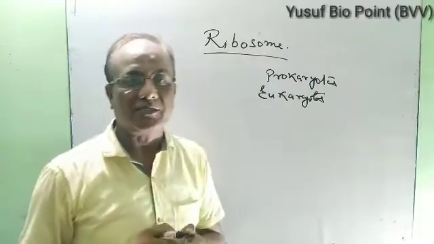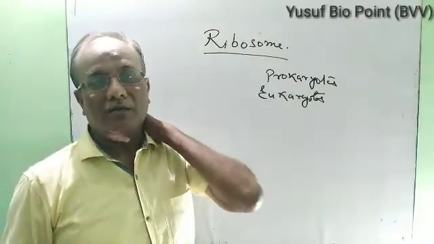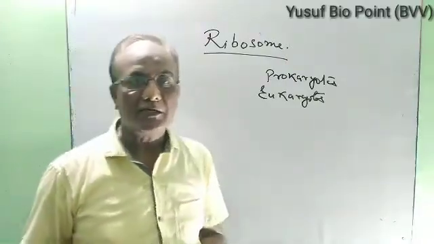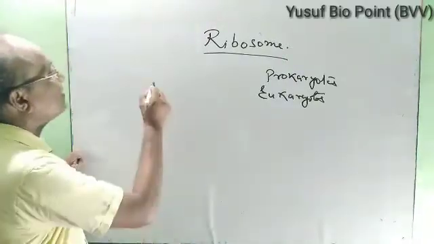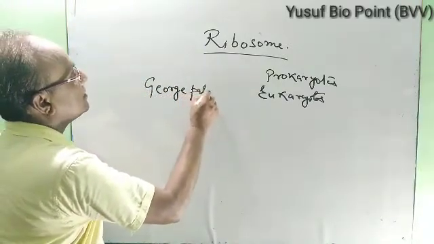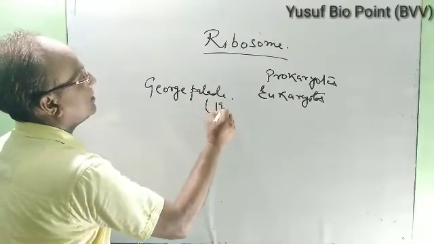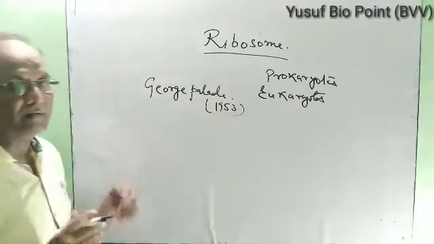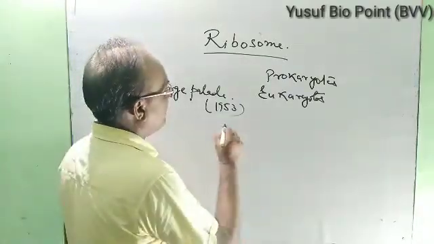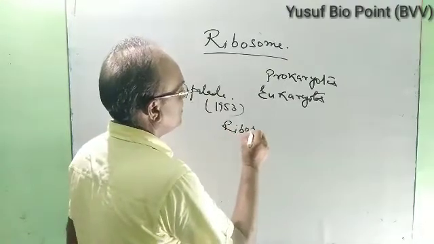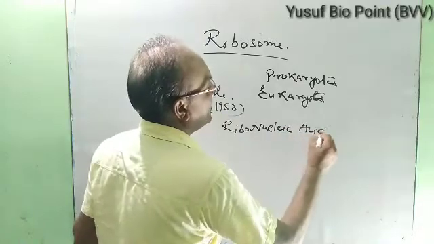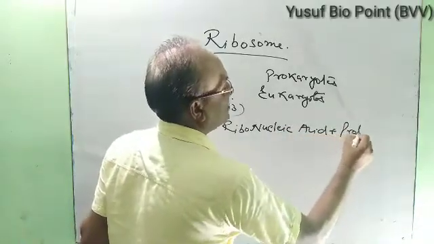Although it is a minute structure and was unseen before the discovery of the electron microscope, in 1953 Palade observed it and gave it the name ribosome, because it is made up of ribonucleic acid plus protein.